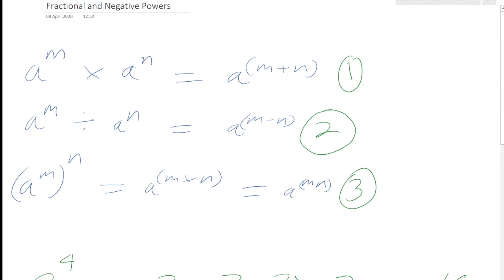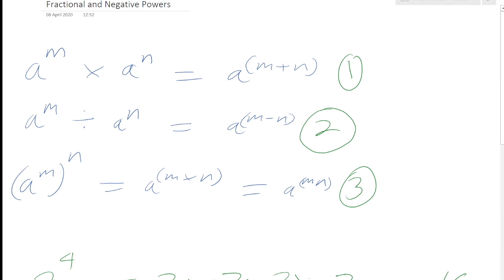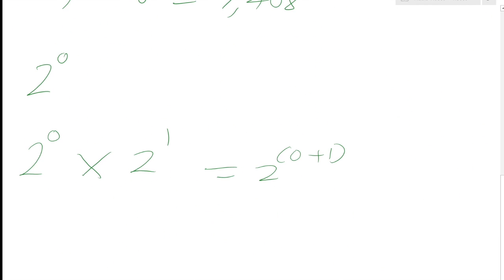If we go back and look at that, we've got a to the m times a to the n equals a to the m plus n. In this case, a is 2, m is 0, and n is 1. And obviously 0 plus 1 is 1. So we get that this is equal to 2 to the 1, which we know to be 2. So we've got 2 to the 0 times 2 equals 2.